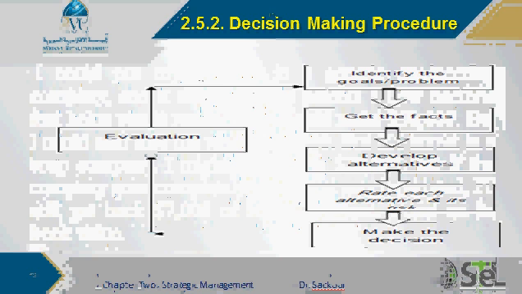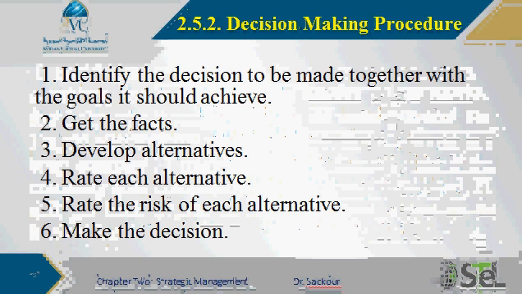We start by identifying the goals and the problems of our organization, get the facts, then develop alternatives, rate each alternative, make the decision, and as the last step, make an evaluation of the previous steps and make corrections. Very easy and easy to understand.